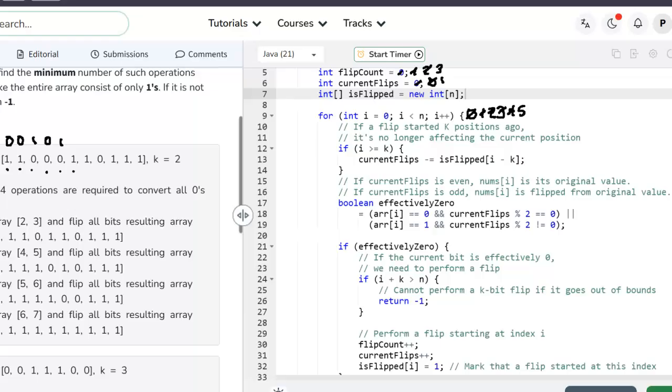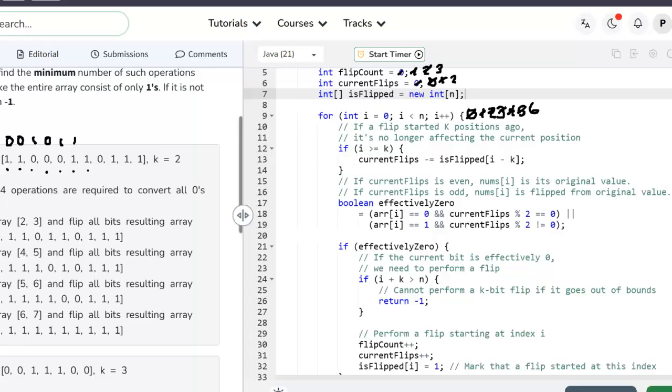Current flips is incremented. It's 2. Is flipped is 1, right here. Okay. Back up to the next number. We are on index 6.